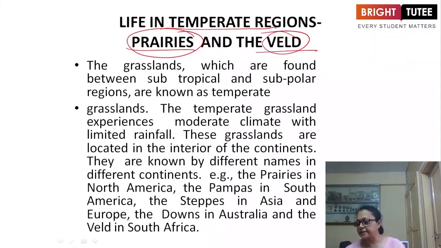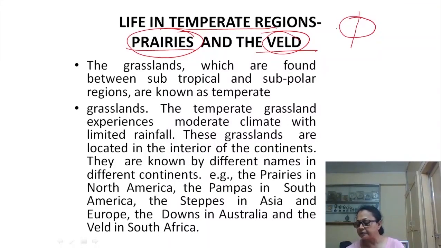Subpolar, this is again this, the 90-degree, known as the polar region.